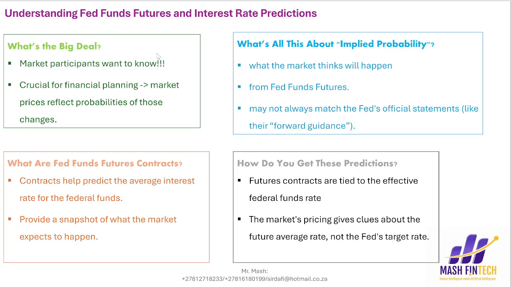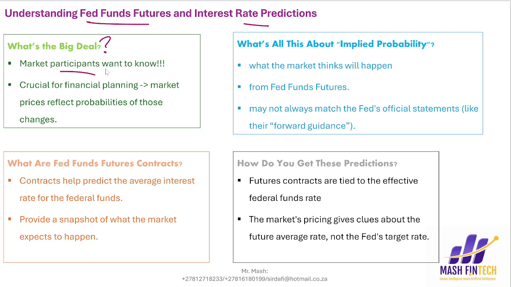Okay. So with the federal funds futures and interest rate predictions, what's the big deal? Market participants want to know. Remember, in the market, there are so many participants. People are buying, they're selling, people are borrowing money to invest, people are borrowing money to eat.